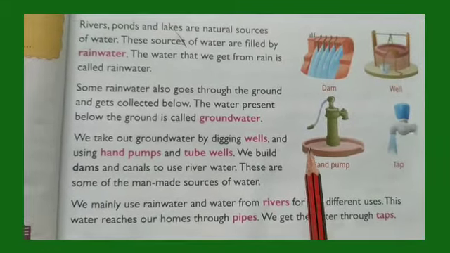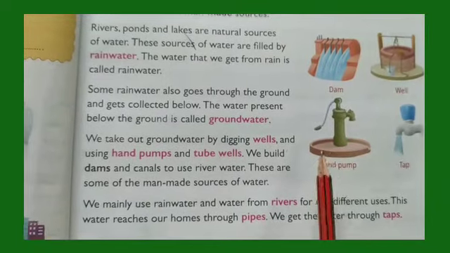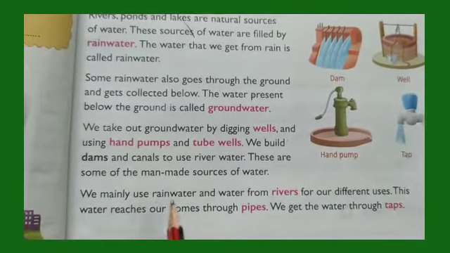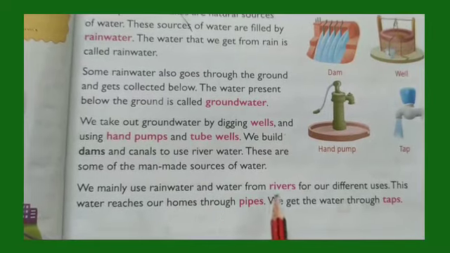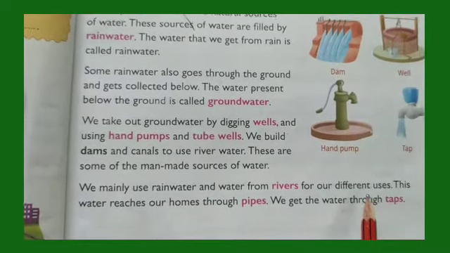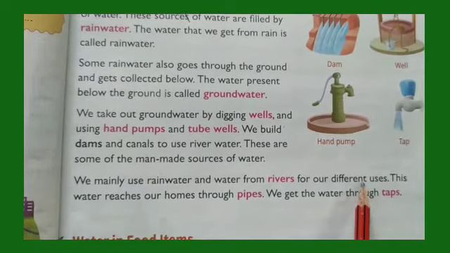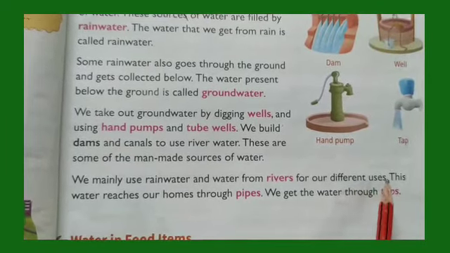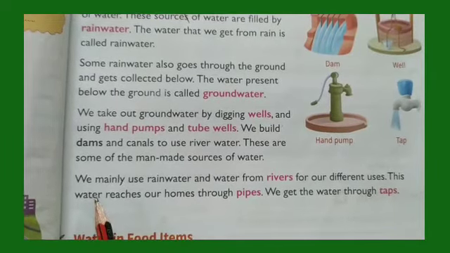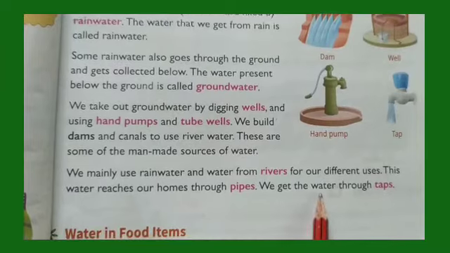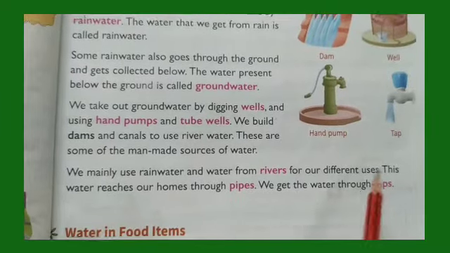Now, how does this water reach our home? We mainly use rainwater and water from rivers for our different uses. Now, different uses like transport. Remember, boats and ships are used. Okay. This water reaches our home through pipes. We get the water through taps.